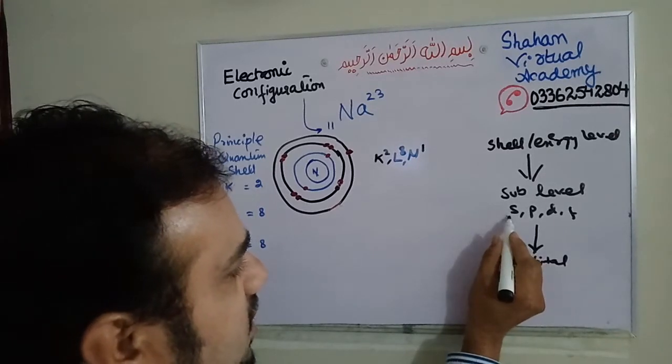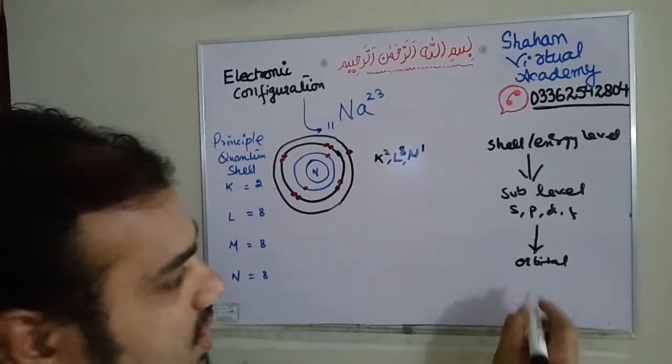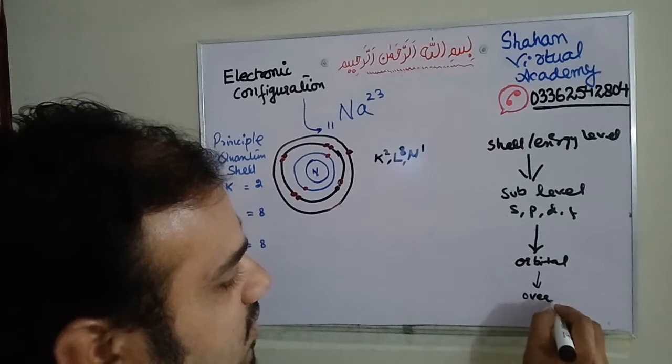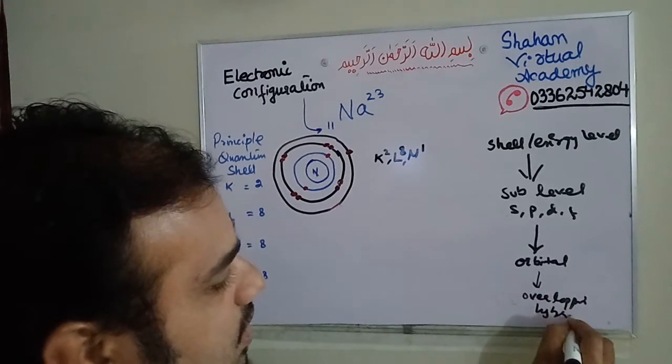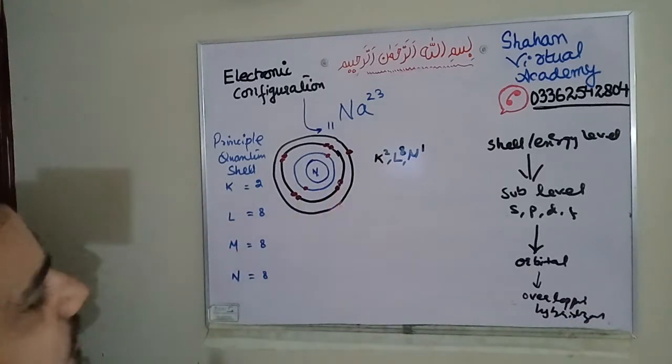Each sublevel has different types of orbitals, and then the overlappings and hybridization. So this is the sodium metal.